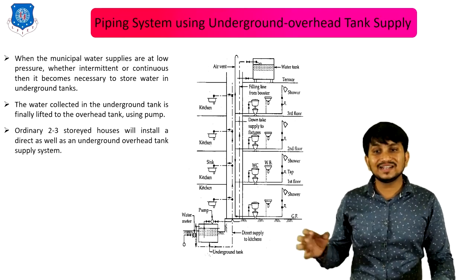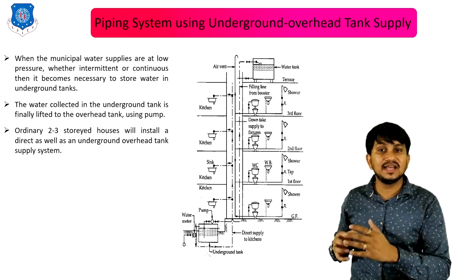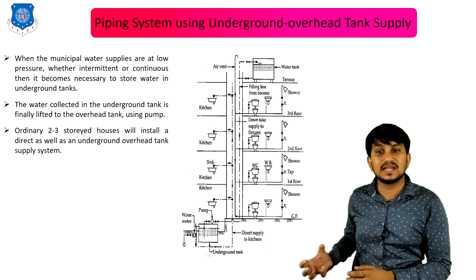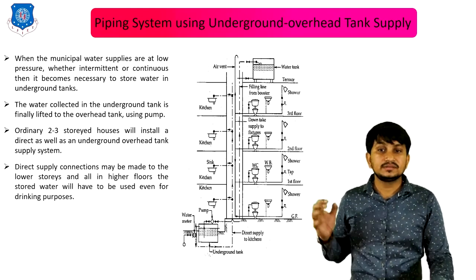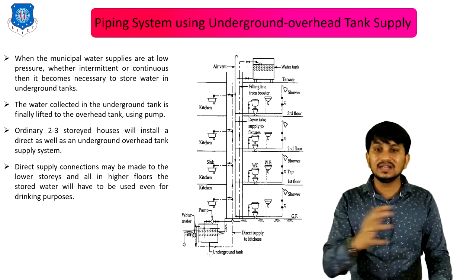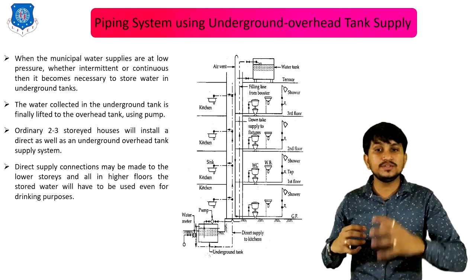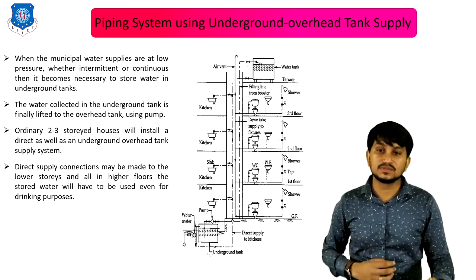Ordinary 2 to 3 story houses will install a direct as well as an underground overhead tank supply system. Direct supply connection may be made to the lower stories, and in higher floors the stored water will have to be used even for the drinking purpose also.